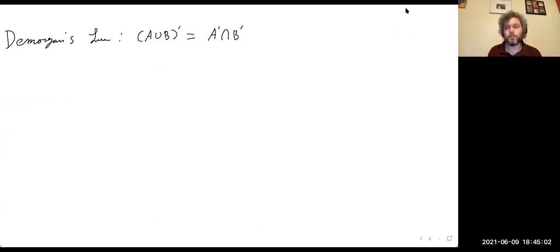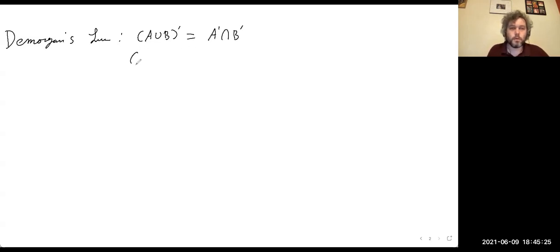Okay. So how do you remember that? It's kind of like distributing in algebra. It's like distributing the exponent, but you're distributing the complement. So everything becomes the opposite. So then it becomes not A. The opposite of the union is an intersection, and the opposite of B is not B, the complement. So you can go back and forth.